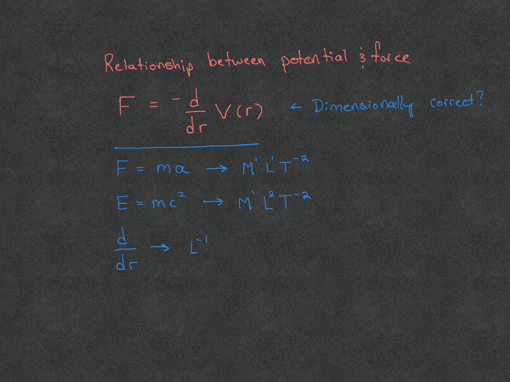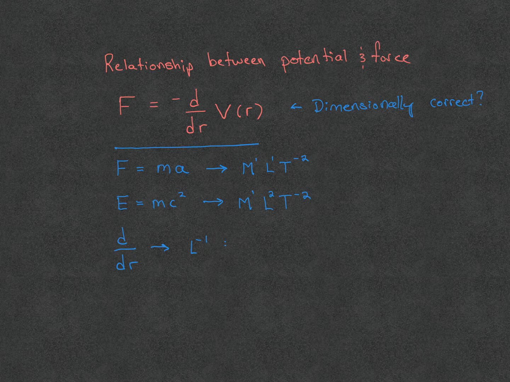And let me just take a minute to justify that statement as well. If we wanted to take the derivative of the potential with respect to R, and we didn't know the math to actually find the derivative, we could use the idea that the derivative tells us about the slope, okay?